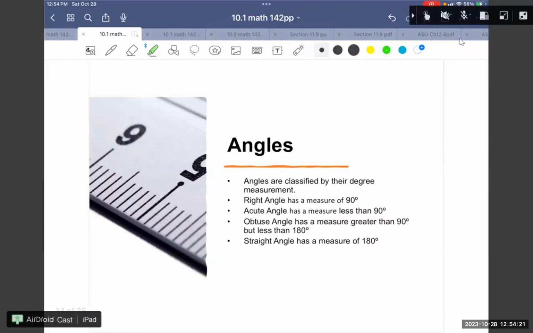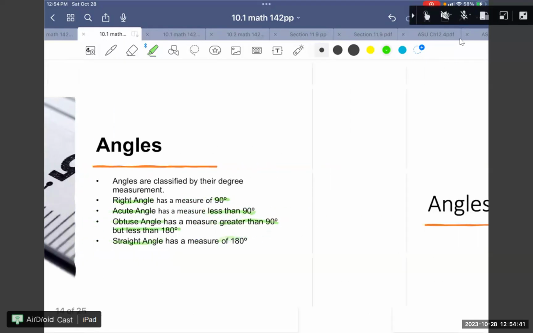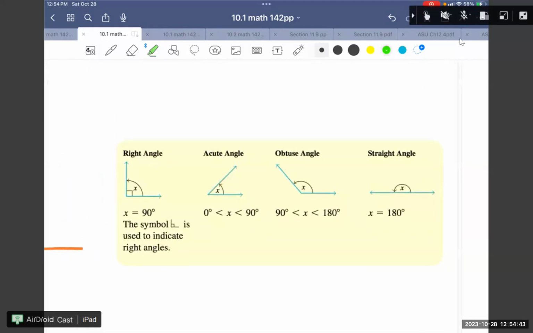And also we classify angles by their measure. The right angle measures 90 degrees, an acute angle is less than 90, an obtuse angle is greater than 90 but less than 180, and the straight angle measures 180, as we can see right here.